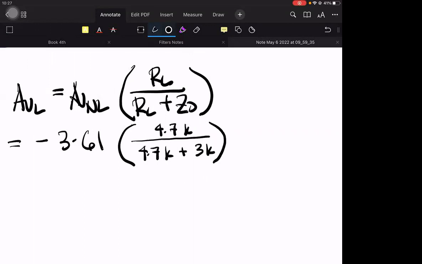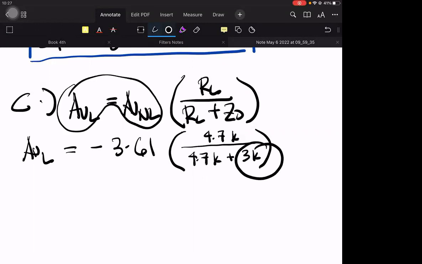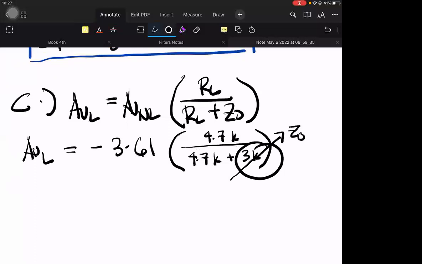Before I proceed, class, if only ZO is as small as possible, AVL would be equal to AV no load. How is that? In ideal conditions, we'd want our amplifier to have an output impedance of 0.